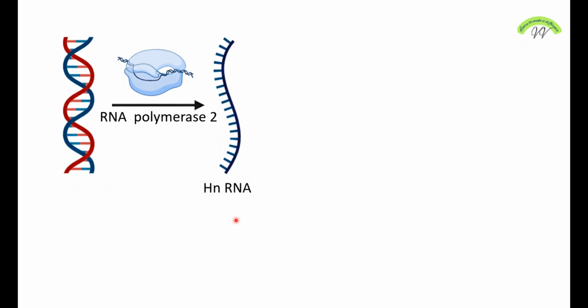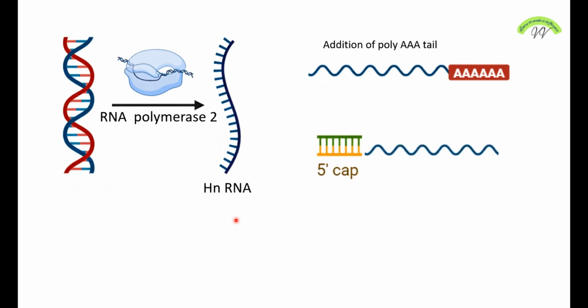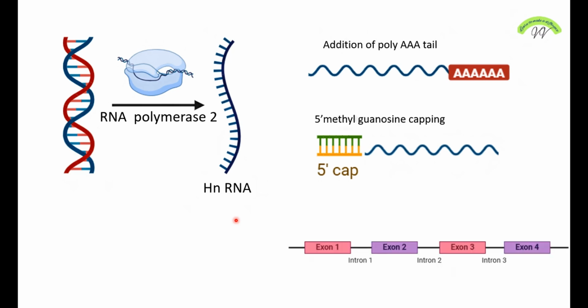Before that, it is known as heterogeneous nuclear RNA. This will undergo modifications such as addition of a poly-A tail, addition of a 5' methylguanosine cap, and splicing of introns and exons. The introns are spliced out and the exons are kept together. Once all this is done, this heterogeneous nuclear RNA is called a messenger RNA.